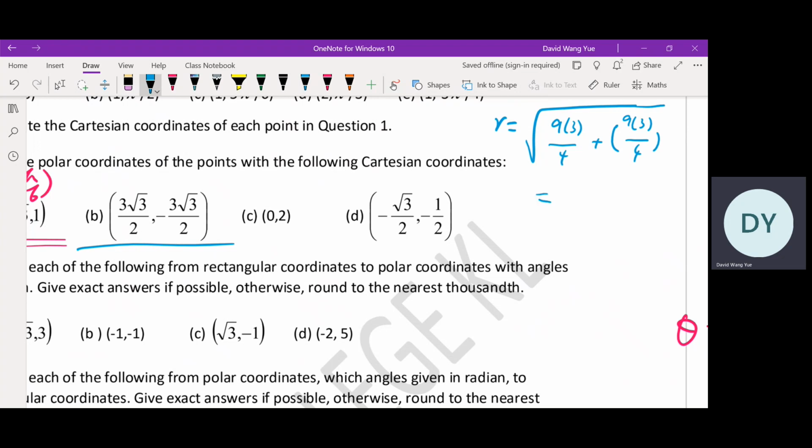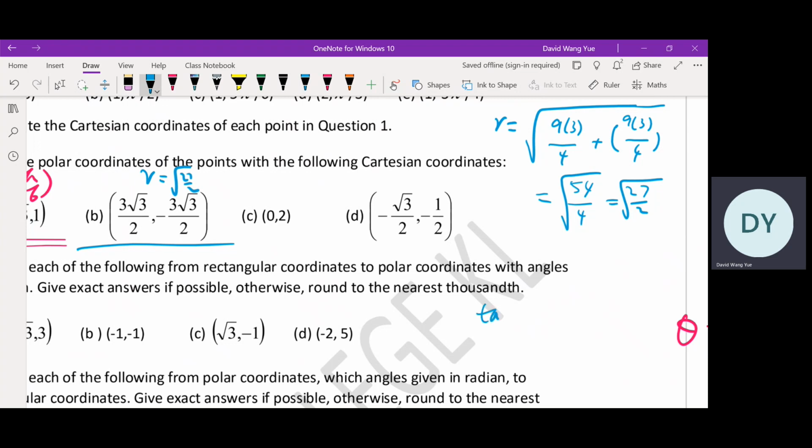Negative squared becomes positive. 27/4 plus 27/4, that is 54/4, so it's 27/2. And then r is √27/2.